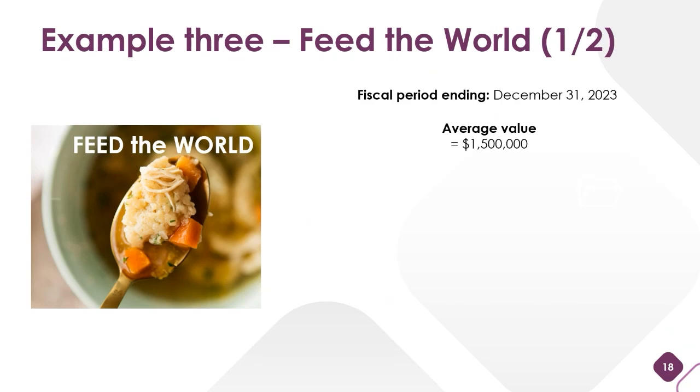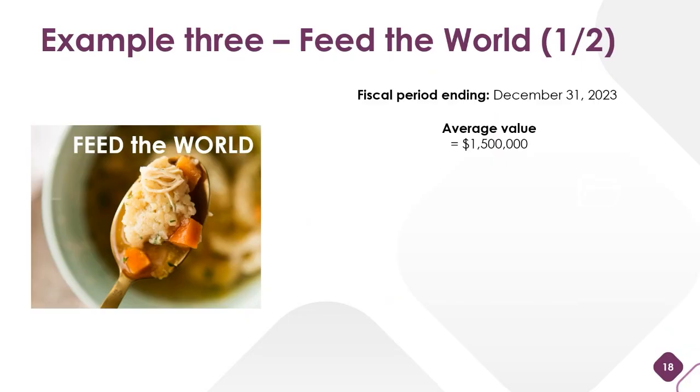So the charity would write $1,500,000 on line 5900 of their information return. Since Feed the World is a charitable organization and the average value is over $100,000, then they must proceed with calculating and meeting their DQ. So they would also write $1,500,000 on line 805 of Schedule 8.